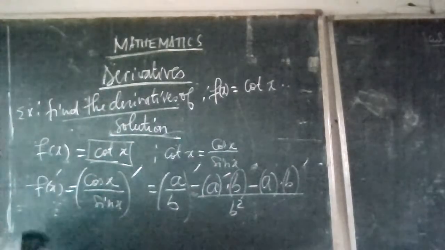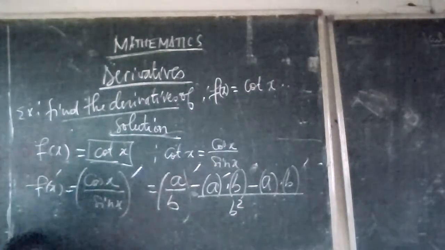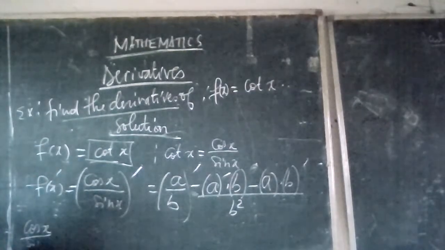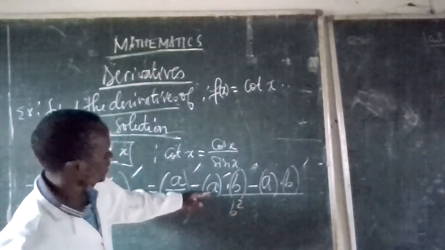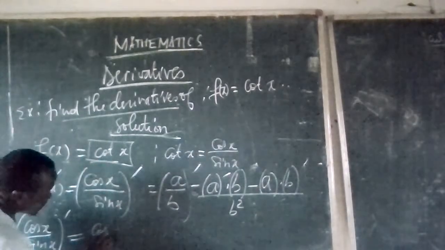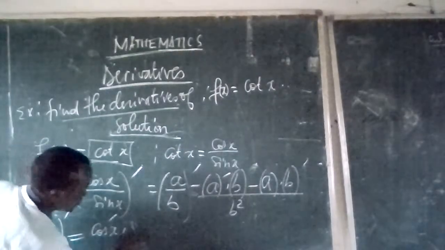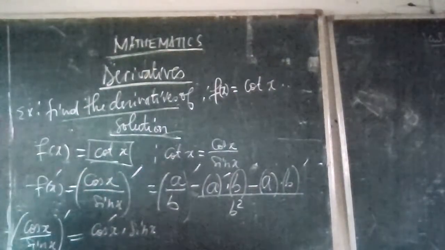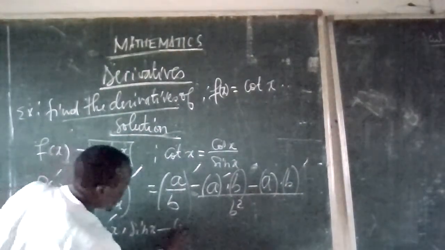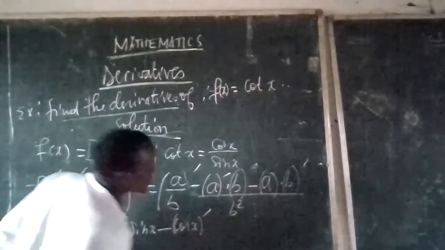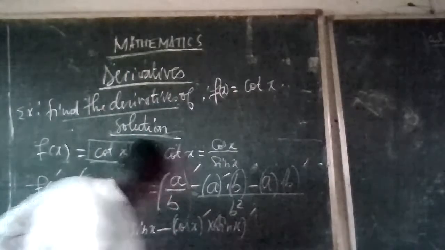Now we have cot x, which is cosine x over sine x, and its derivative will be: we have a, which is cosine x derivative, times sine x, which is not derivative, minus cosine x, which is not derivative, times b, the sine x derivative.